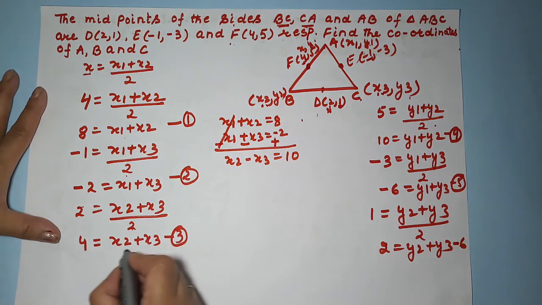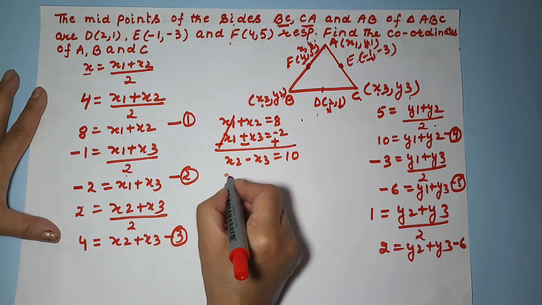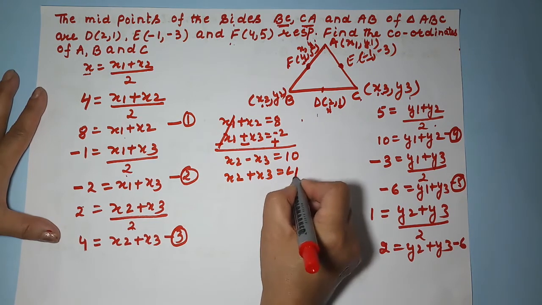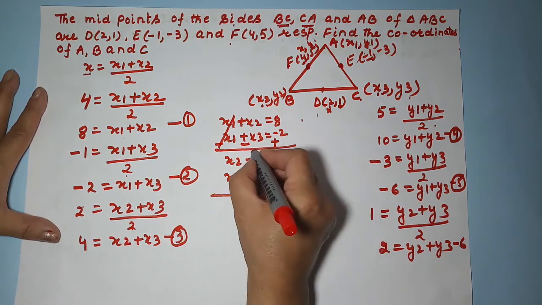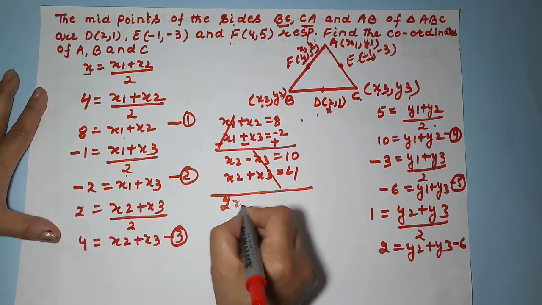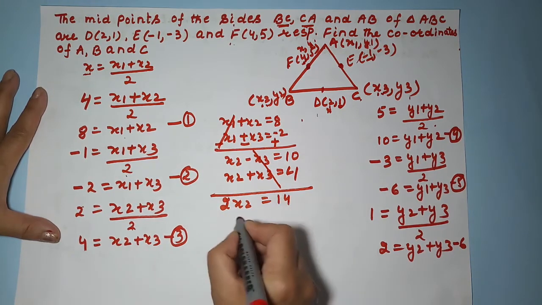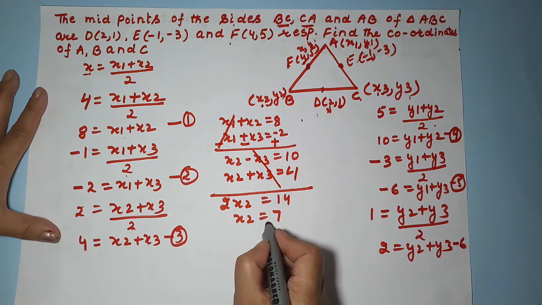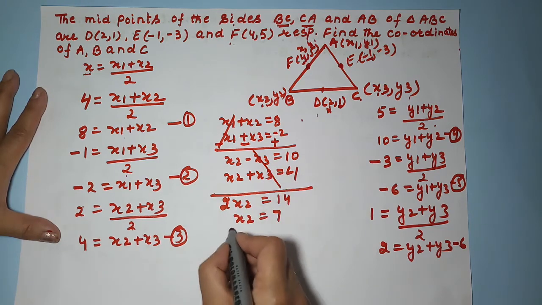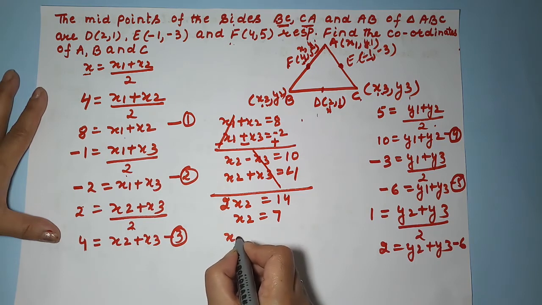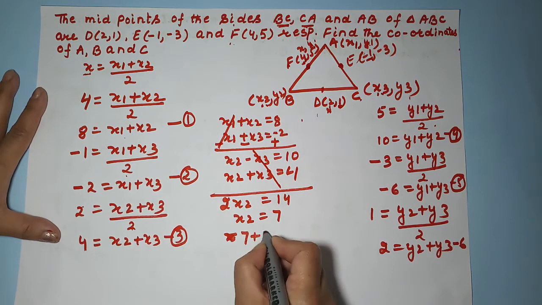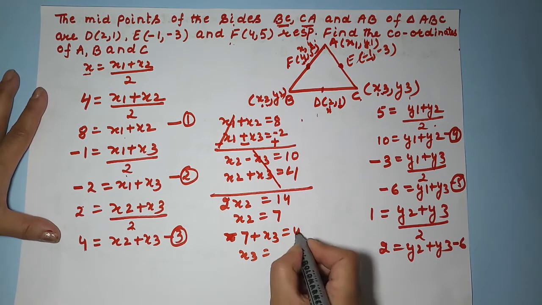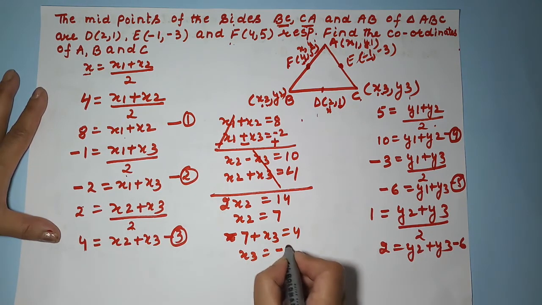Now what is your third equation? x2 plus x3 equal to 4. Now add these. So you'll get 2x2 equal to 14. So you got x2 as 7. Once you get x2, substitute it here, you will get x3. So 7 plus x3 equals 4. So your x3 is equal to 4 minus 7, which is minus 3.